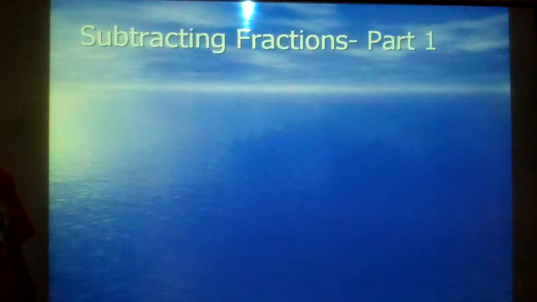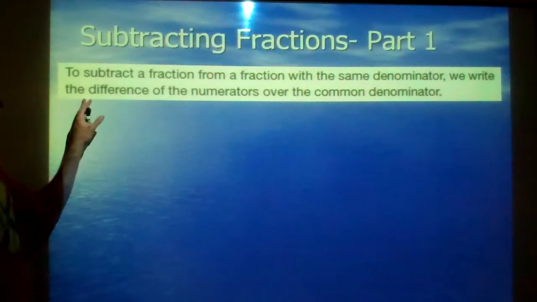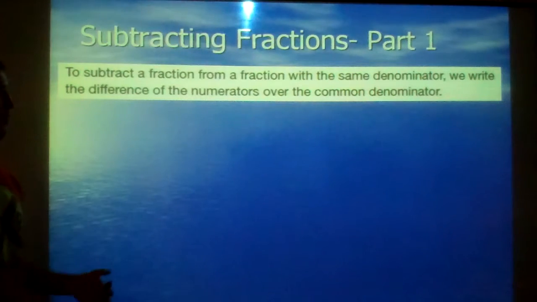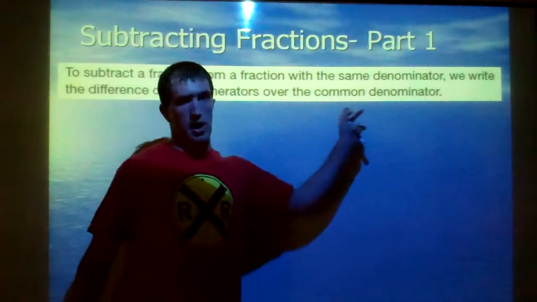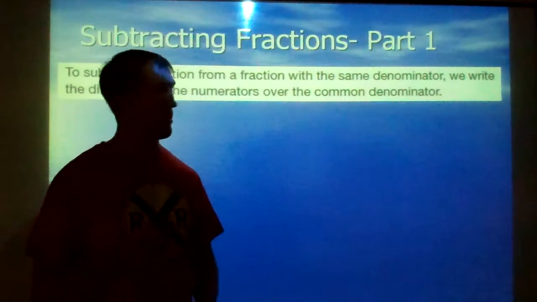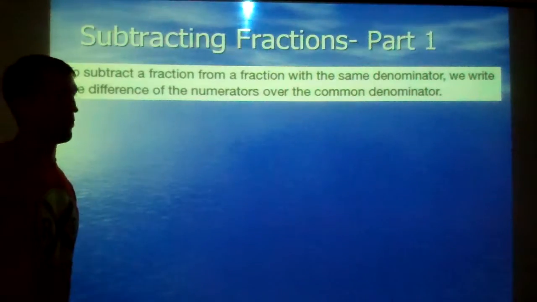Okay, subtracting fractions. This is also part 1. Once again, we're going to subtract the numerators, and once again we need that common denominator. But the denominators will be the same, so we don't have to worry about finding those.